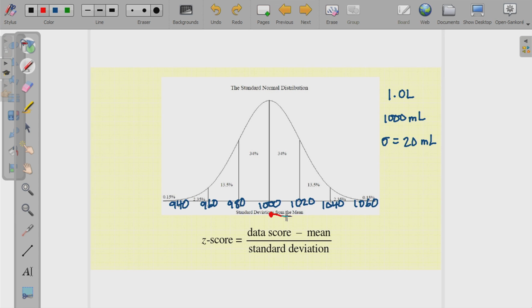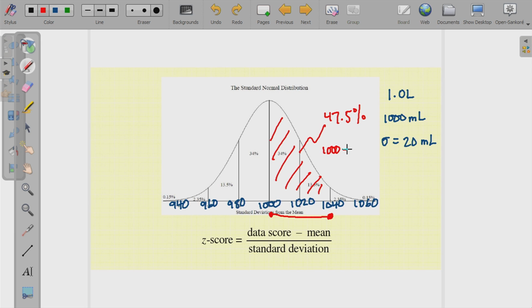Now if I look at the area under the curve for that range from 1,000 to 1,040, you'll notice I have a 34% and a 13.5%. So if I add those two together, that tells me that approximately 47.5% of the bottles will be filled between 1,000 milliliters and 1,040 milliliters.